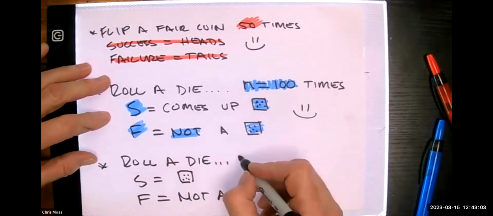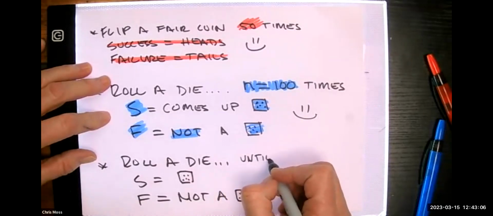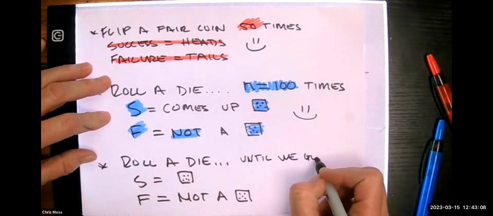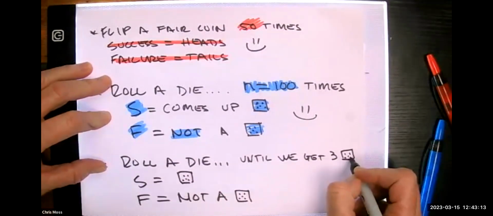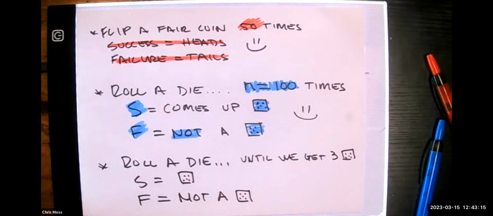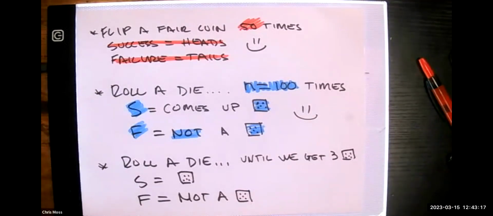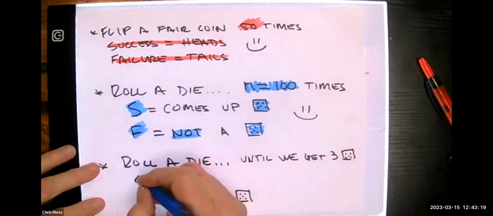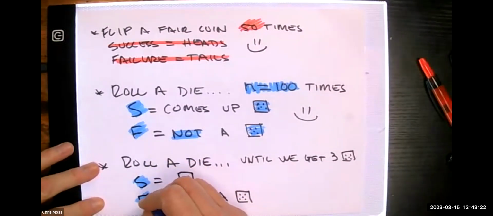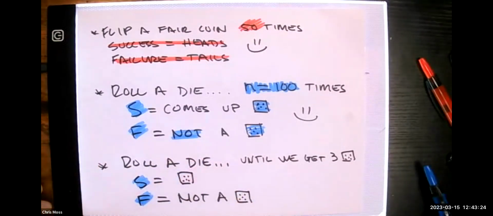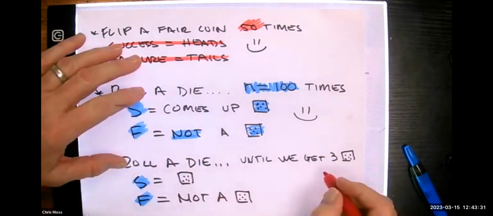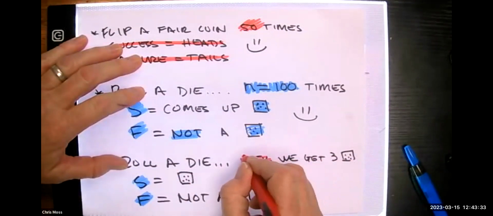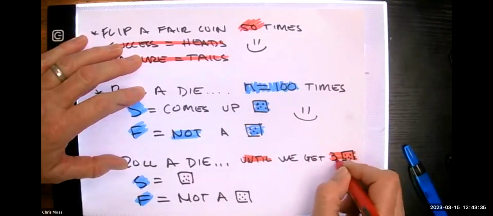So we're going to roll this die until we get 3 5s. So I have the same 2 outcomes, 5 and not 5, but the difference here is that we're going to roll this until we get 3 5s.